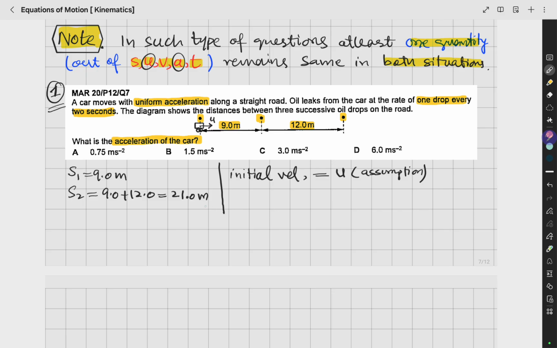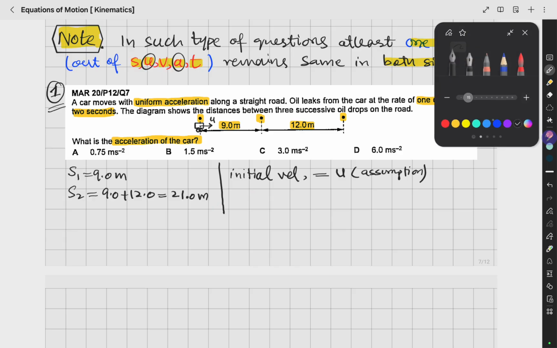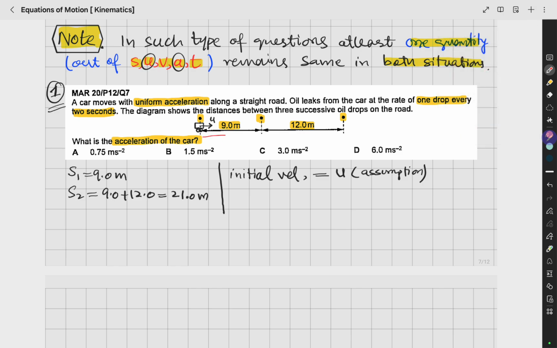Okay, so our first patch is this one, and our second patch is starting from this till the end. Why? Because I want to keep some quantities the same in both these situations. If I keep the start point the same, then my initial velocity will be the same for both of them.